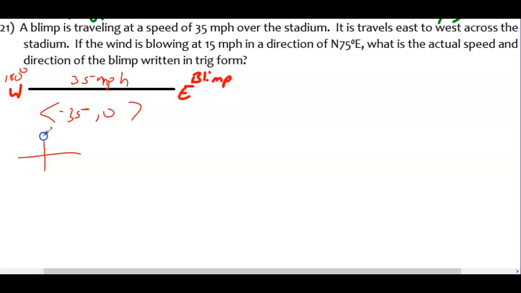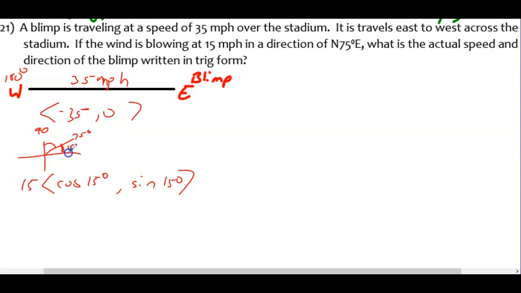For our second component, it's traveling 15 miles per hour at an angle of 75. Look, north is 90, but if this angle right here is 75 degrees, then this angle right here is 15. So when we make our vector out of that, we have 15 times the cosine of 15 degrees, comma, 15 sine of 15, because it's not actually traveling at 75 degrees.